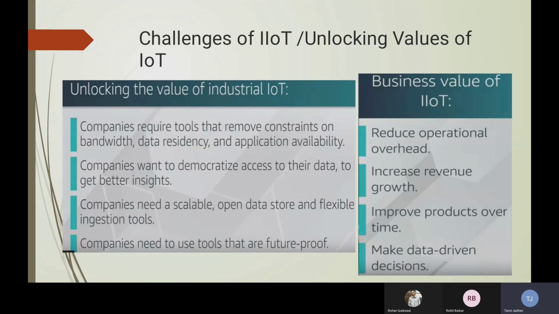Companies require tools that remove constraints on bandwidth, data residency, and application availability. Companies want to democratize access to their data to get better insights. Companies need a scalable open data store and flexible ingestion tools. Finally, companies need to use tools that are future proof.